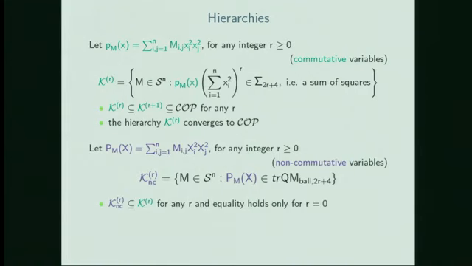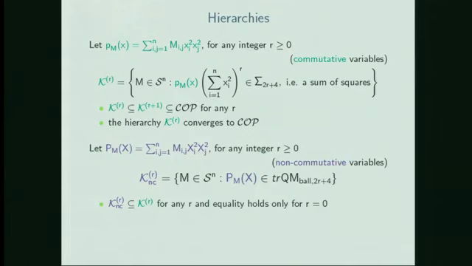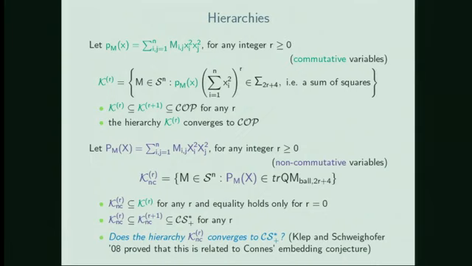In the non-commutative hierarchy, for every level r, the non-commutative K_r is contained in the K_r, and equality holds if and only if r is equal to 0. It is a hierarchy, and it is always contained in the completely positive semi-definite dual.